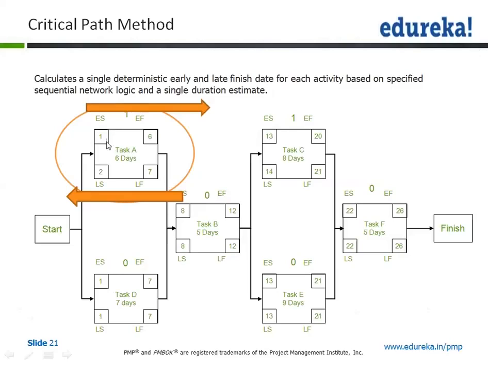Early start for the task is 1. Early finish is 6. So in the corner portion of this task, we are going to write down the early start and early finish. The late finish and late start for this task is available to us here. So this is the information which is available to us, and how we have to fill up this information, I will guide you now.